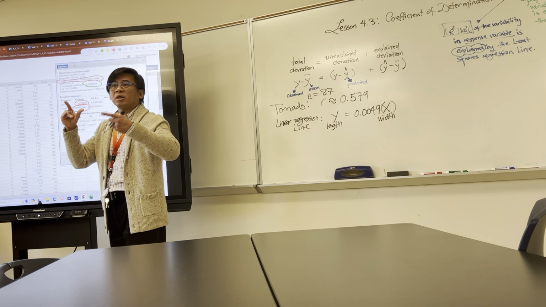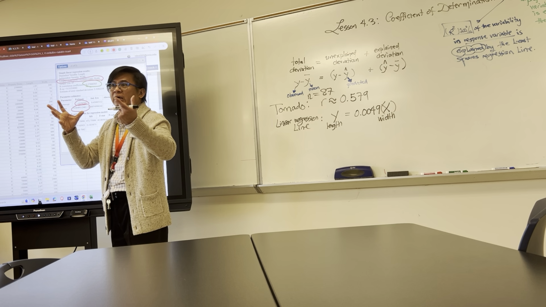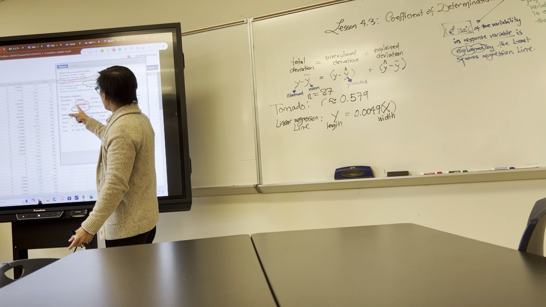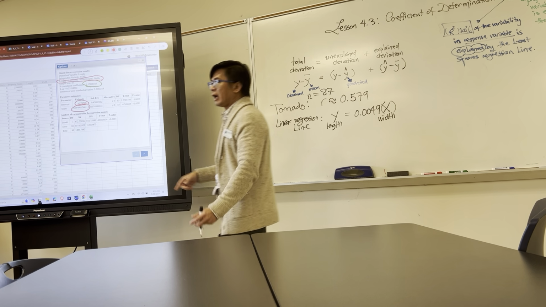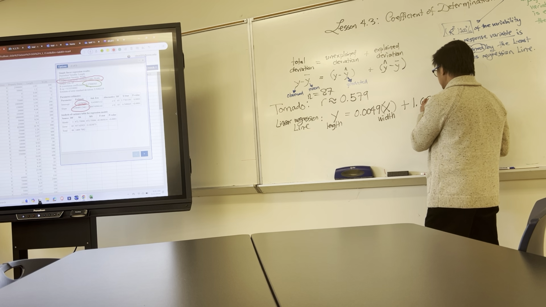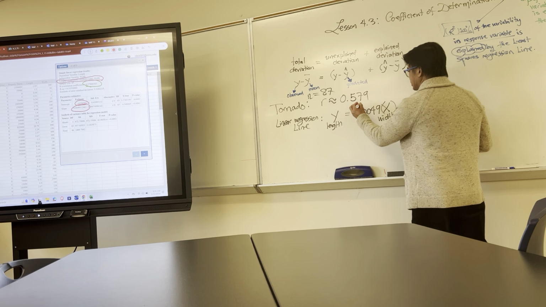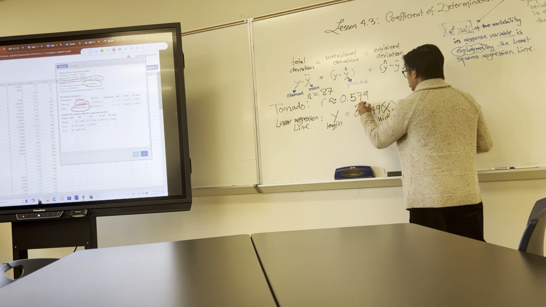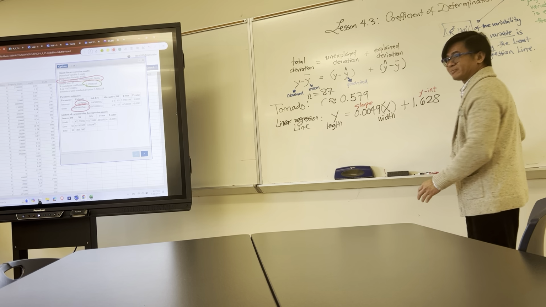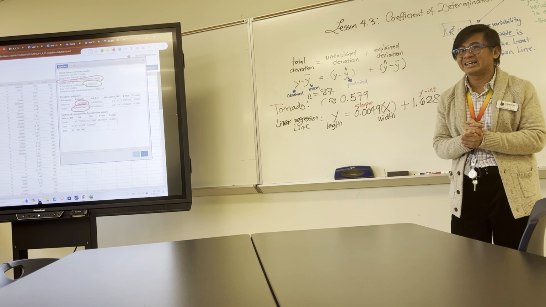It depends on how it says to be rounded off. If it's 3 decimal places, that's 1.628 as a y-intercept, so plus 1.628. Let's make it clear: this is the slope, and this is the y-intercept. Get it, guys?